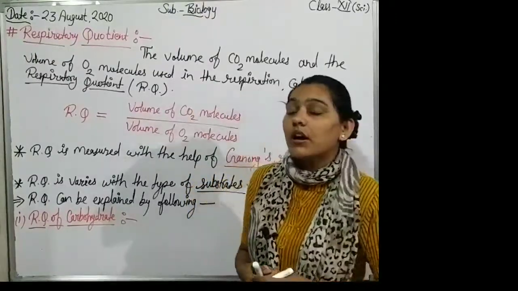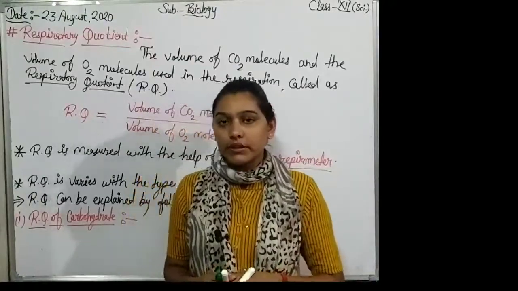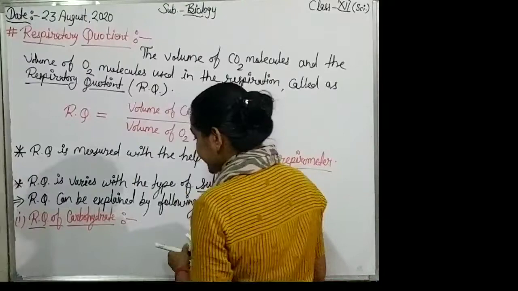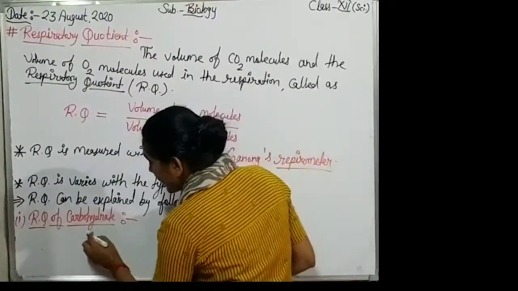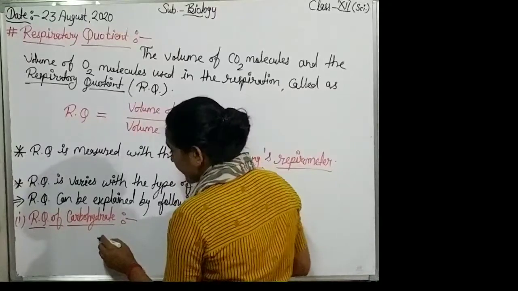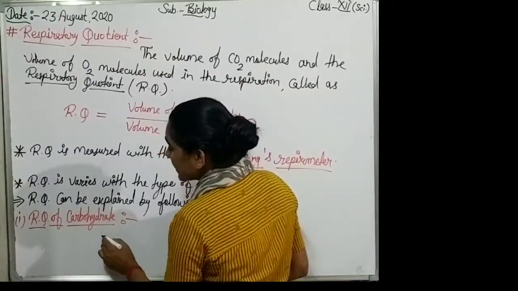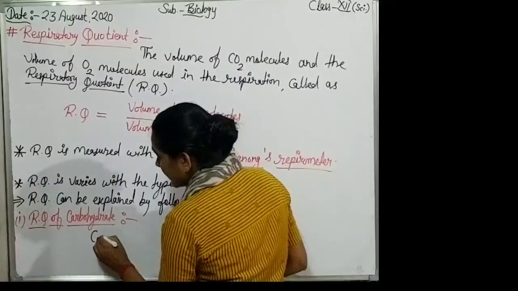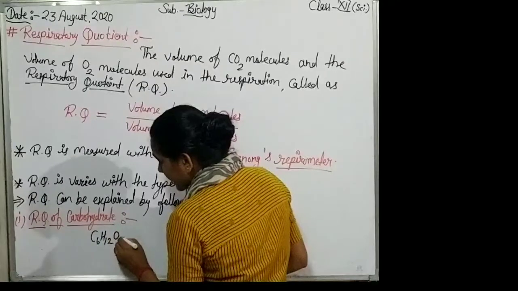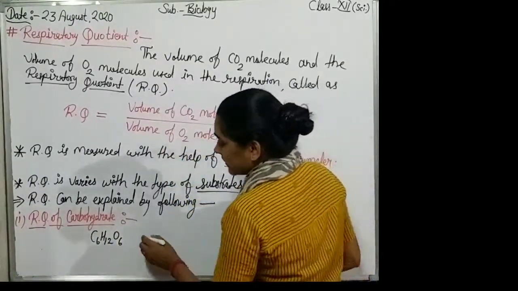It means RQ of carbohydrates is always 1, because in this the volume of CO2 molecules released in carbohydrate substrate respiration is equal to the volume of oxygen used in this process.